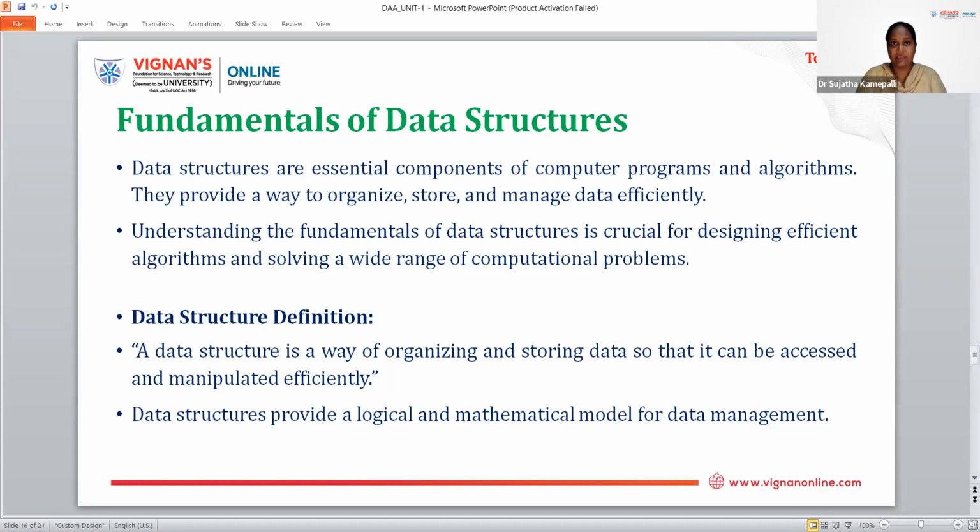We follow a specific structure to organize and store our data, which makes accessing and manipulating the data easy. Data structures provide a logical and mathematical modeling for data management.